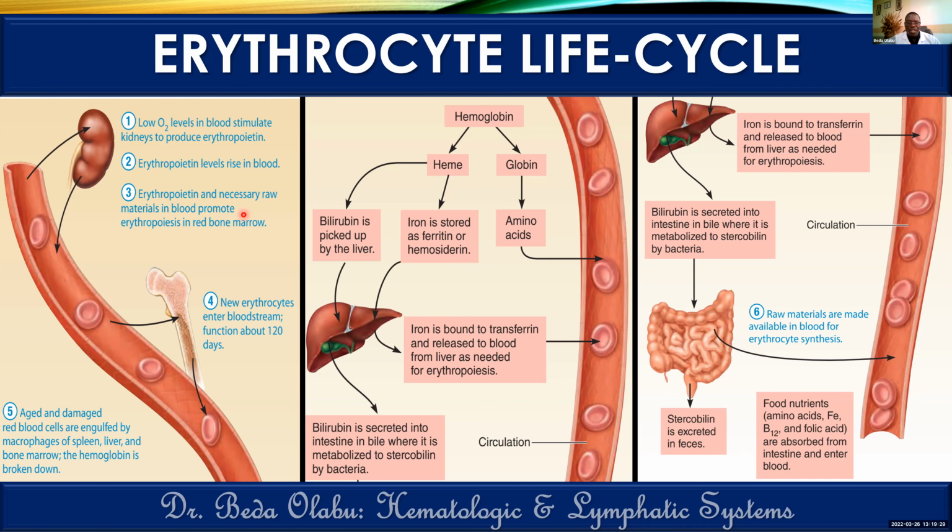The effect of erythropoietin on the bone marrow is to increase formation of red blood cells. So it will increase erythropoiesis, is what we call it, and that will help to restore that state.